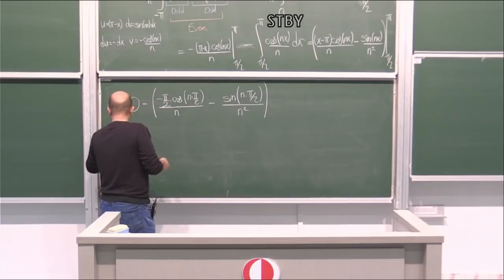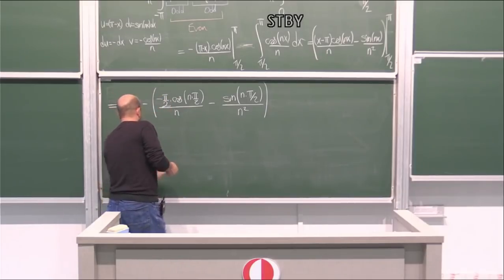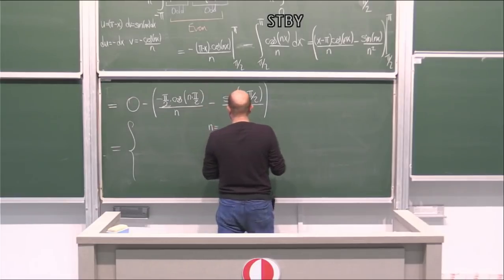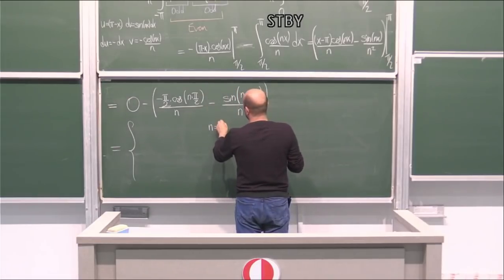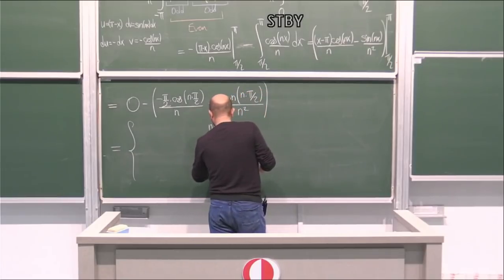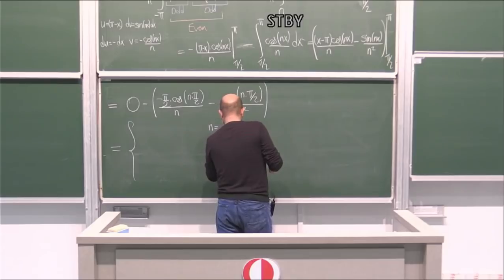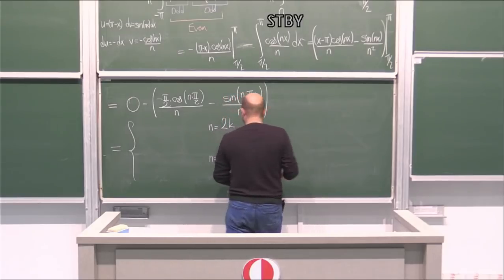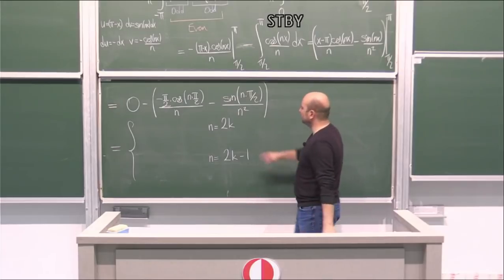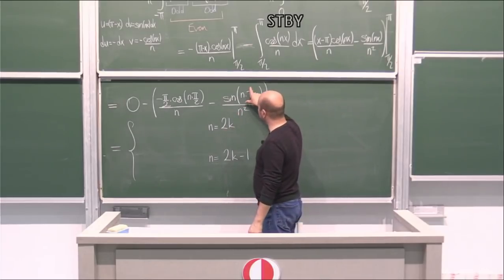So what do we get then? Let's write it. When n is equal to 2k, even, or n is equal to 2k minus 1, odd, k is starting from 1. When n is 2k, in the even case, the sine part will be 0. So what are you going to get?